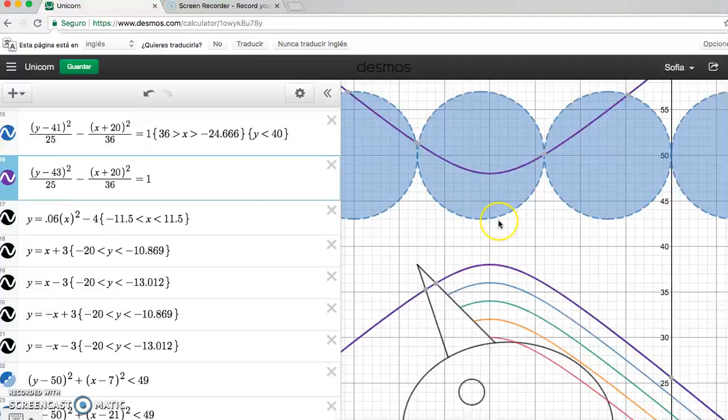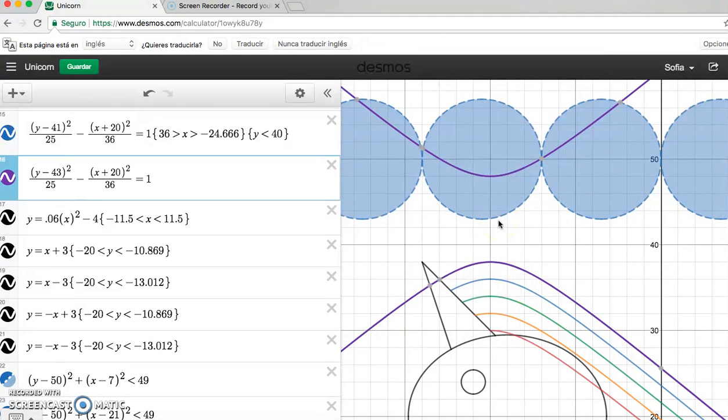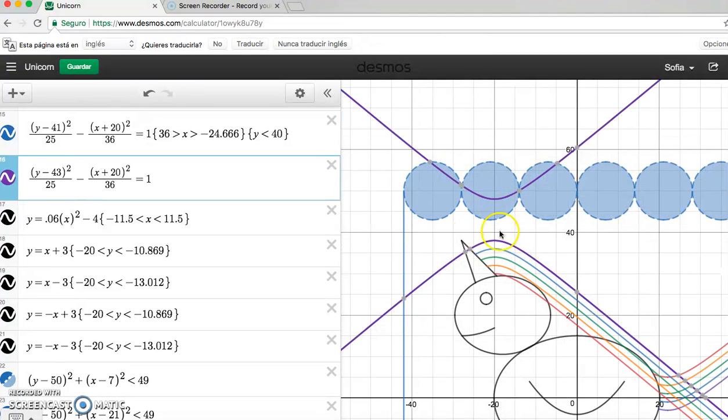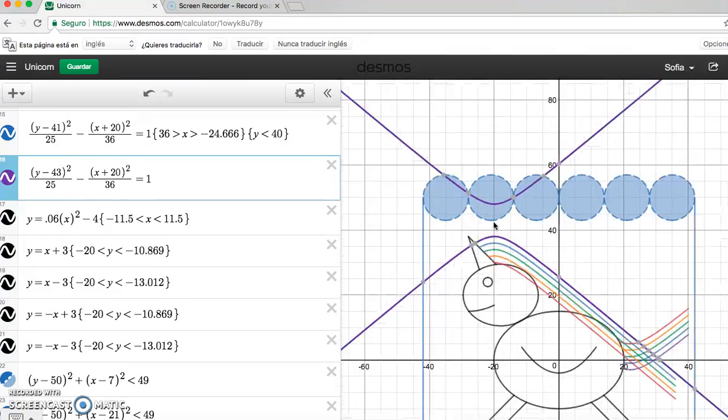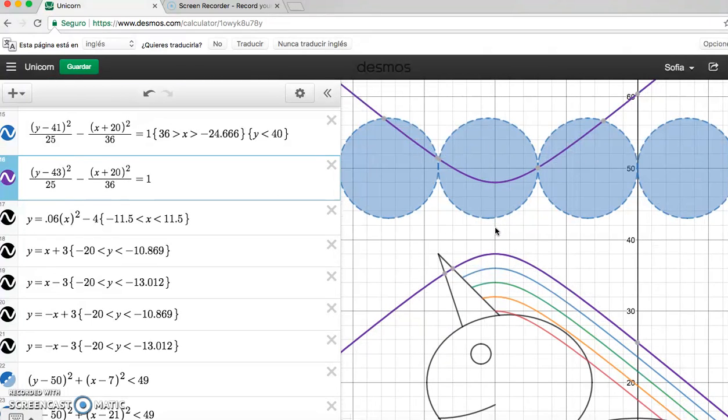The foci points are going to be located at x equals negative 20, and from the center, we're going to go approximately 7.8 up, because you do 25 plus 36, which is 61, and the square root of that is 7.8.